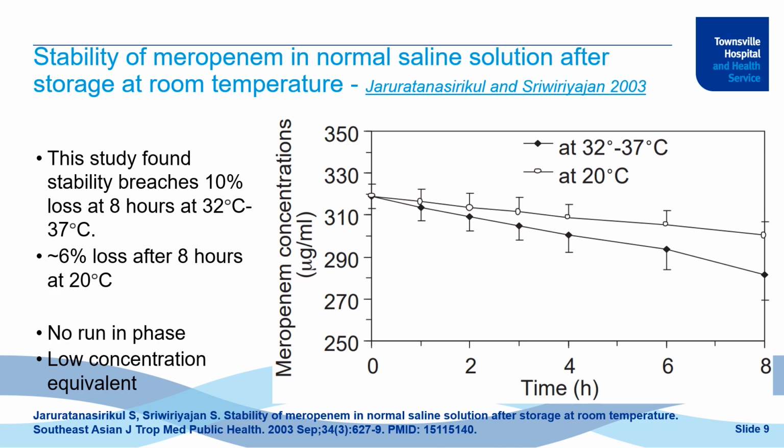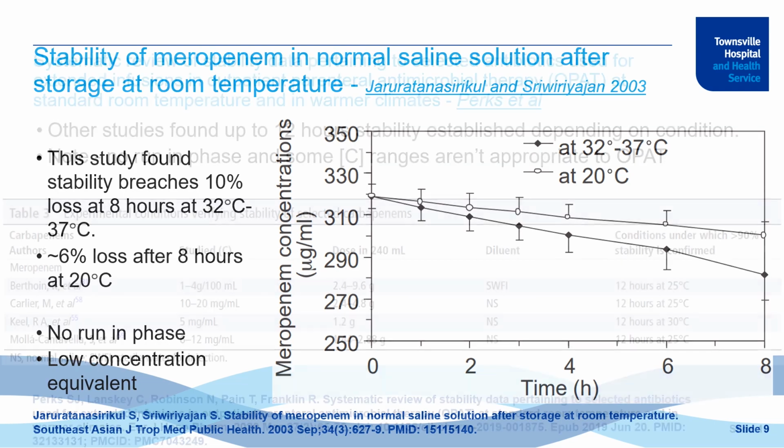So in this kind of study, if you're trying to say, is it applicable to OPAT, it has no run-in refrigerated phase. It's got a very low concentration equivalent as well. So it wasn't really that suitable, but it sort of set the scene that maybe this is just straight up not suitable for stability for certainly longer periods of time.